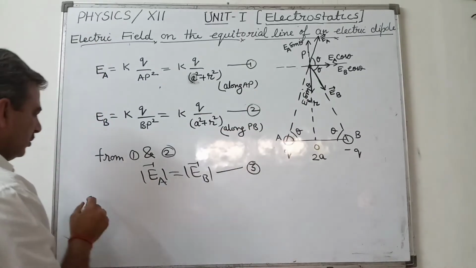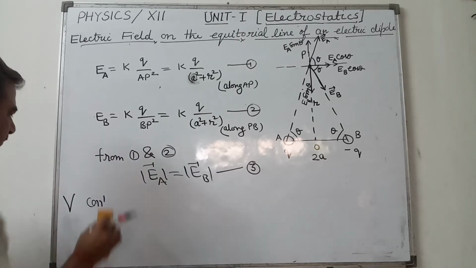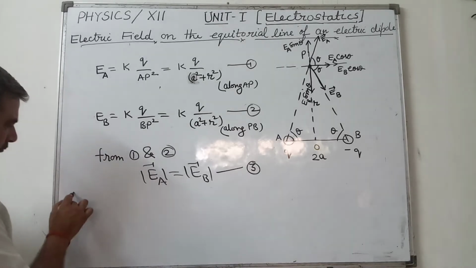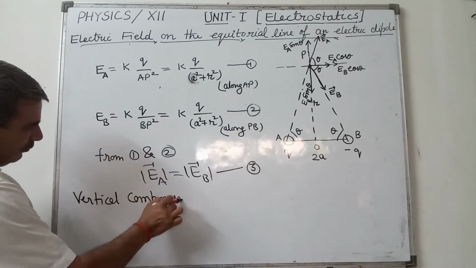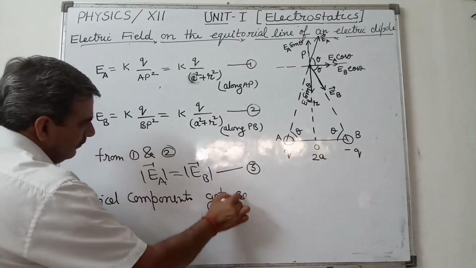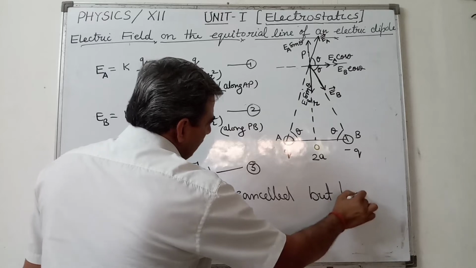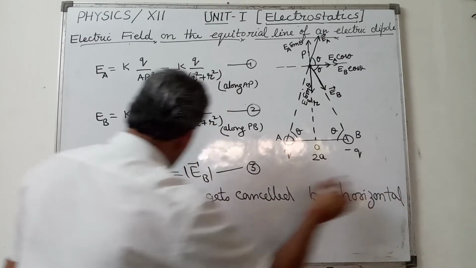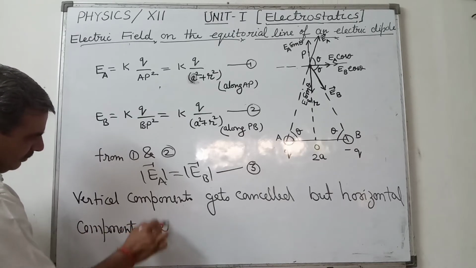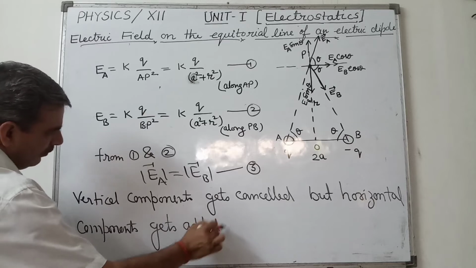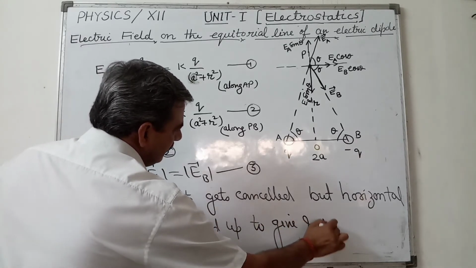So the vertical component gets cancelled, but the horizontal component gets added up to give the resultant field.